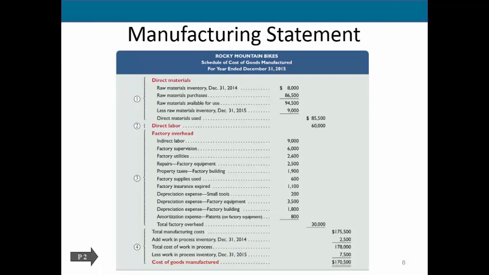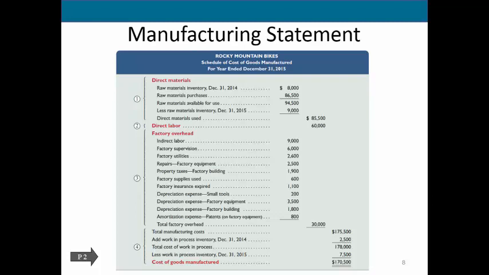So the sum of those tells us what was the total cost of work in process during the period. If we compare that to whatever is left over in work in process at the end of the period, the difference is the amount that we transferred out of work in process. So that is the amount of items that were actually completed or manufactured.